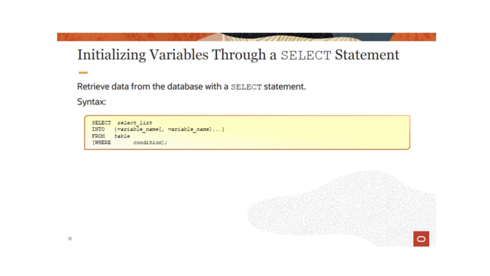The variables following the INTO clause should be declared in the declare section. select_list specifies a list of at least one column, and can include SQL expressions, row functions, or group functions. variable_name is the scalar variable that holds the retrieved value. record_name is the SQL record that holds the retrieved values. table specifies the database table name. condition is composed of column names, expressions, constants, and comparison operators, including PL/SQL variables and constants.